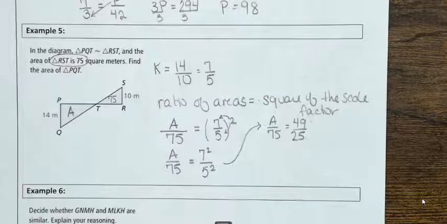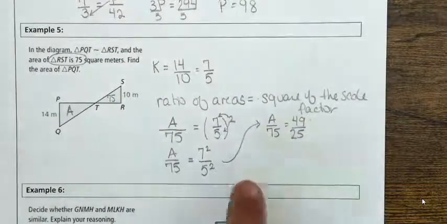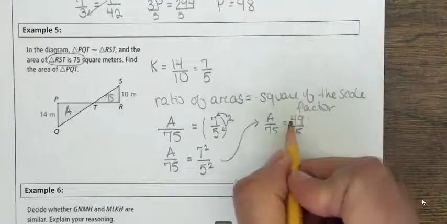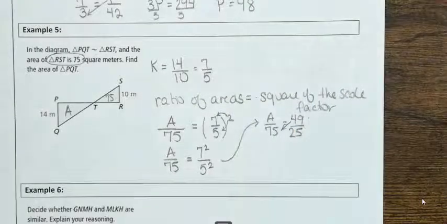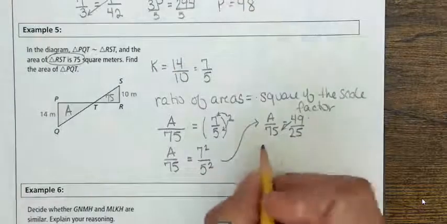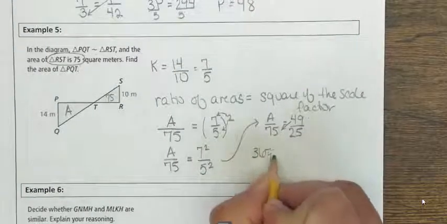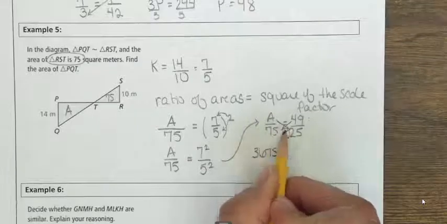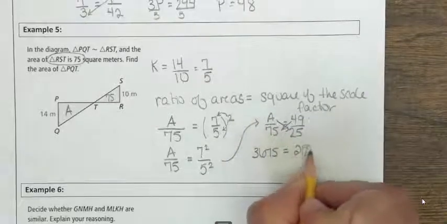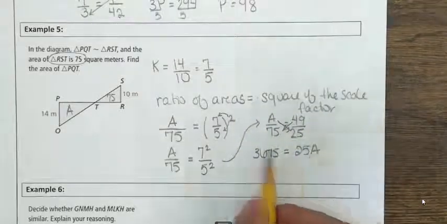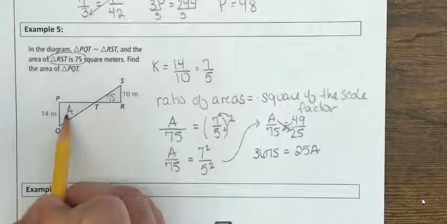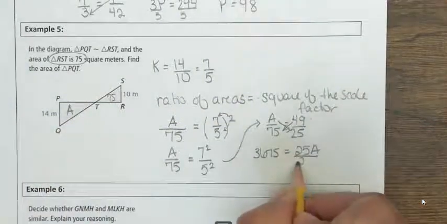Now, I wish I could simplify that a bit, but I can't. Okay, so I'm going to go ahead and have to cross multiply some big numbers. That's okay, I've got a calculator. 75 times 49 is 3,675. And then A times 25 is 25A. Solving for A, and remember A was the area of the larger triangle.